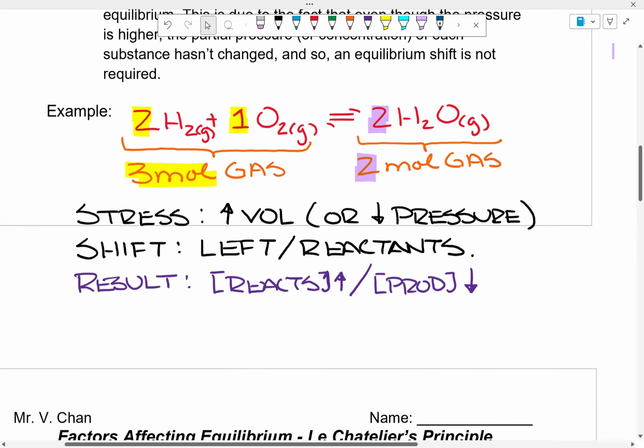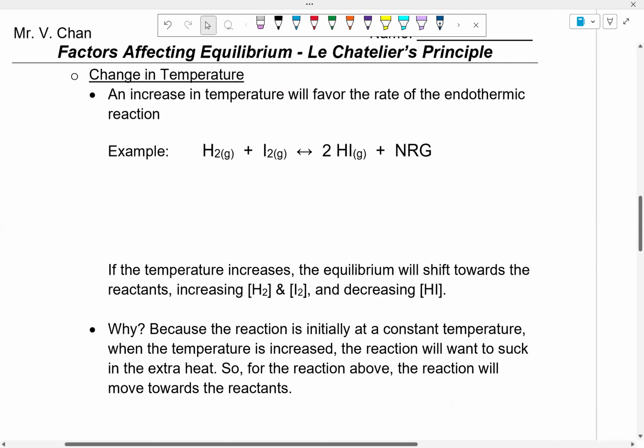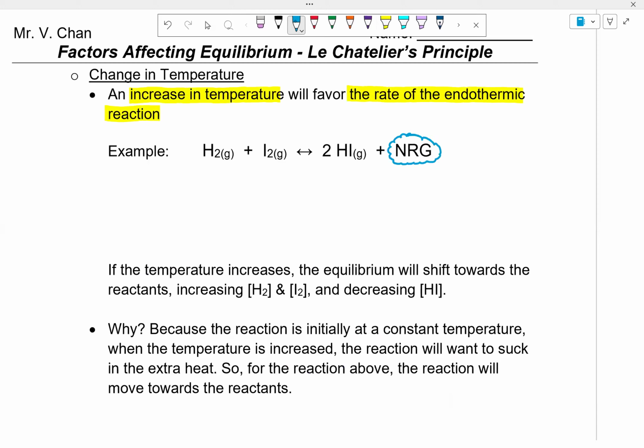Now, the last one, number 3, is a change in temperature. This is the one that gets people a little bit confused. When you have an increase in temperature, it will favor the rate of the endothermic reaction. In this particular example only, you notice energy is found on the right-hand side, in the products.